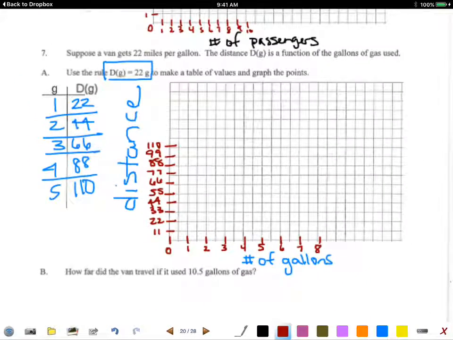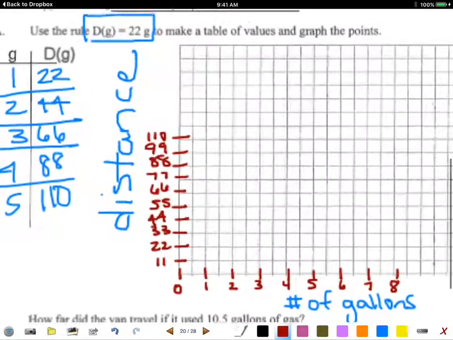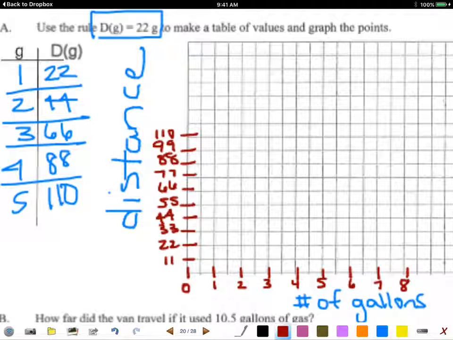And you could keep going up. And then plot your points. It's linear as well.